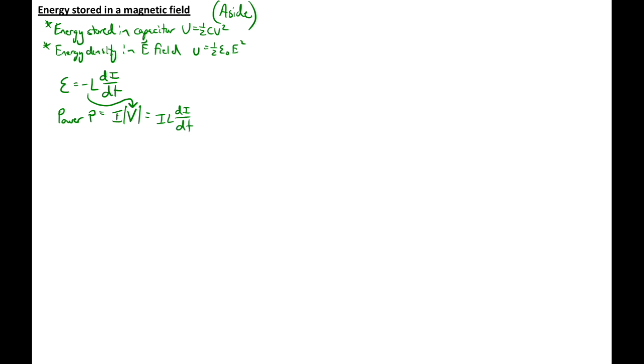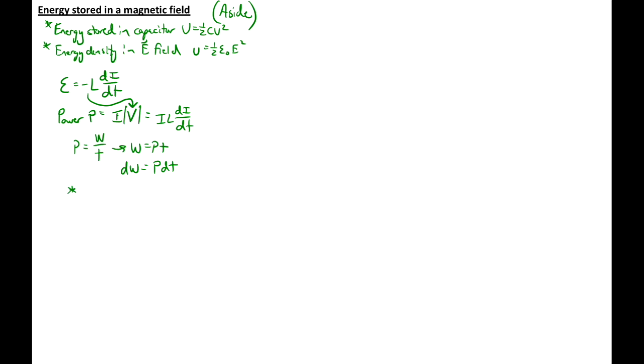And again, we're focused on what's happening in the inductor and in the magnetic field in that inductor. Also, power can be written as energy divided by time, and since energy has the exact same units as work, we could express that as work over time. So rearranging that, we could say that work is power times time, or we could write it in a differential form as dW is P dt.